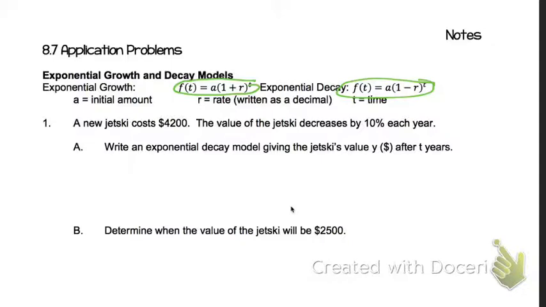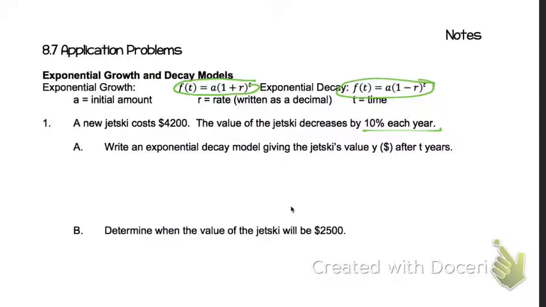It says a new jet ski costs $4,200. The value of the jet ski decreases by 10% each year. So would that be an exponential growth or decay? Decay. So A is going to be your initial amount, which is how much it costs.